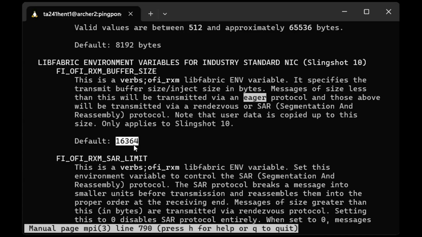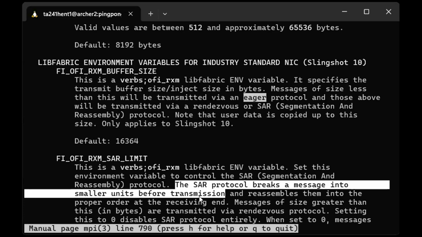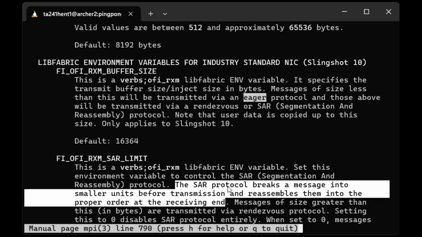But we saw that the eager limit was in the hundreds of K, and actually it's even more complicated than that, because what MPI actually does on ARCHER2 is it breaks the message into smaller units before transmission. So if you have a message of 100 kilobytes, it's broken into, say, 8 pieces, each of which is maybe 12 kilobytes, that's below the eager limit. Each of those 8 pieces is sent eagerly. So it is quite confusing to understand what's going on, because a simple model of there being just these two protocols, eager and rendezvous, is not enough, because actually there's another thing it's doing.